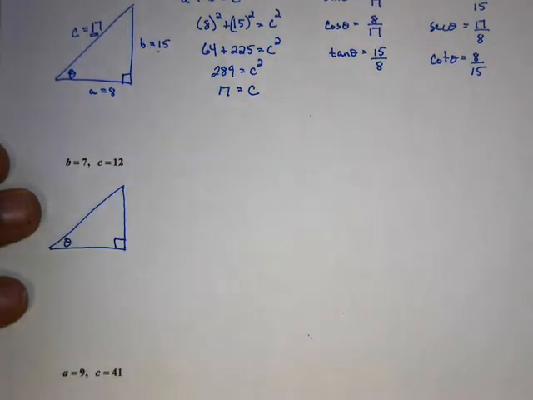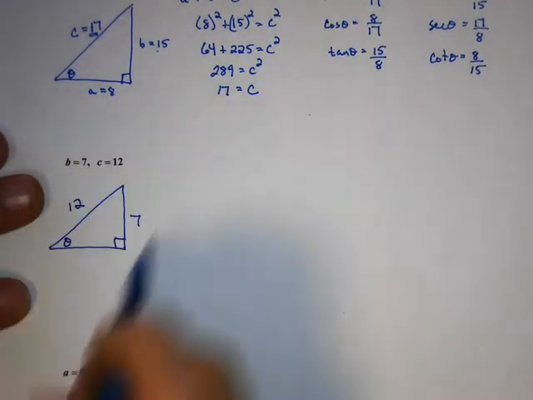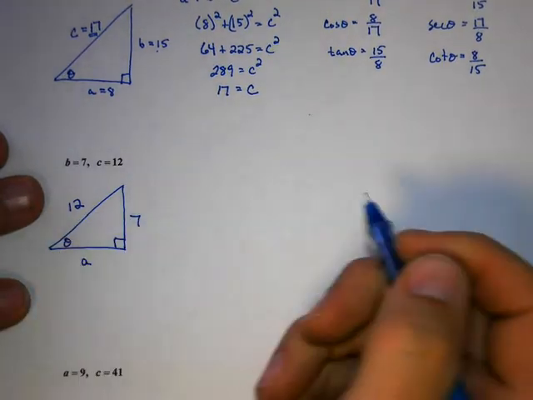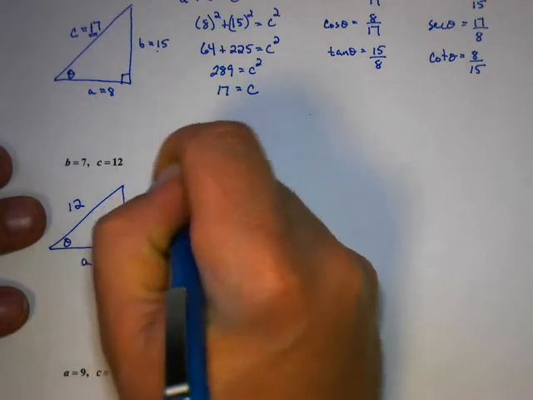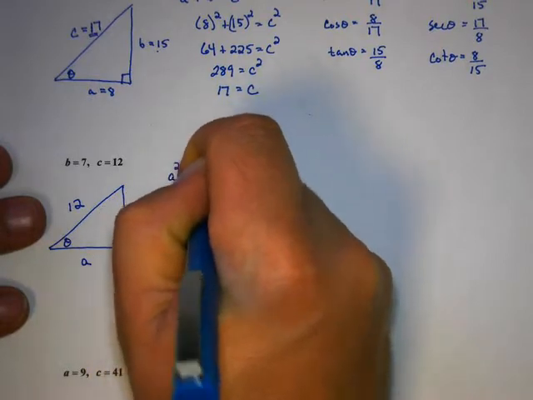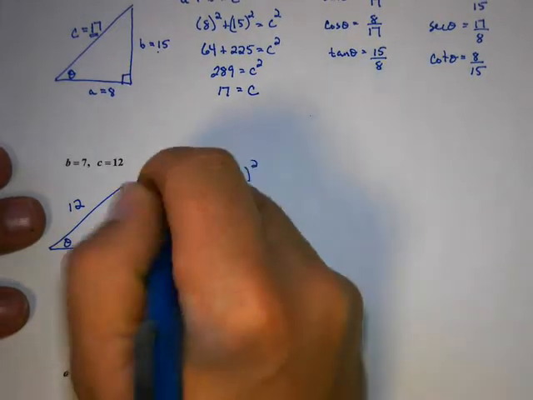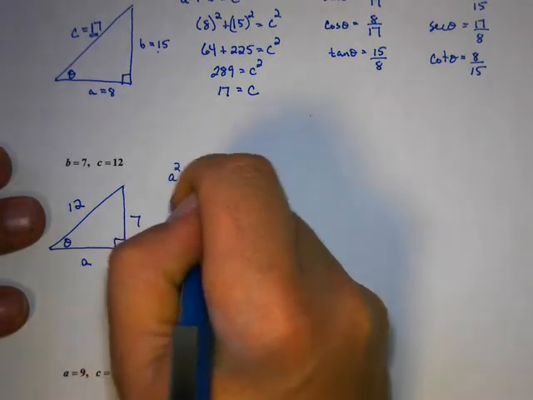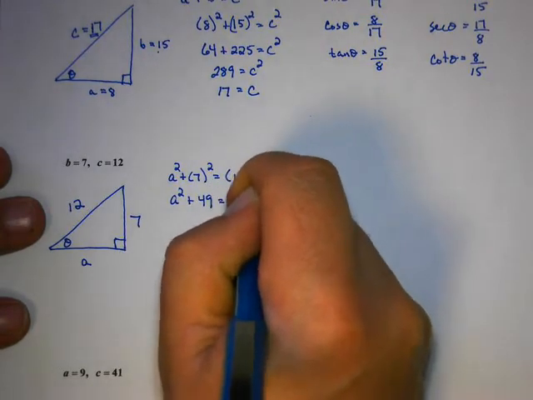Here I'm just using this as my theta. So 7, 12. I don't know a, so it's a squared plus b squared equals c squared, so 7 squared plus a squared equals 12 squared. 49 plus a squared equals 144.